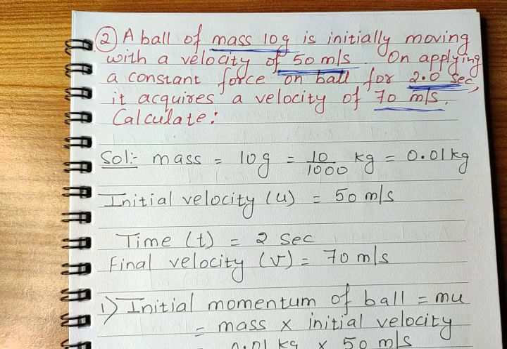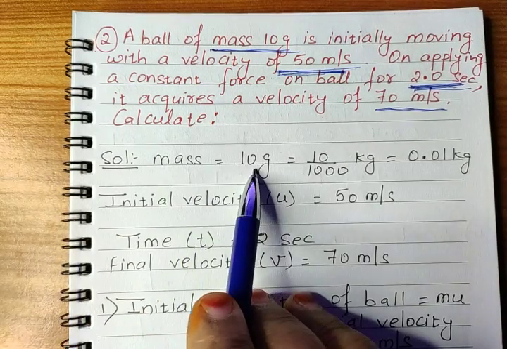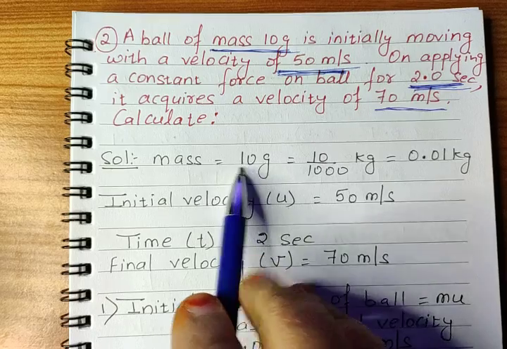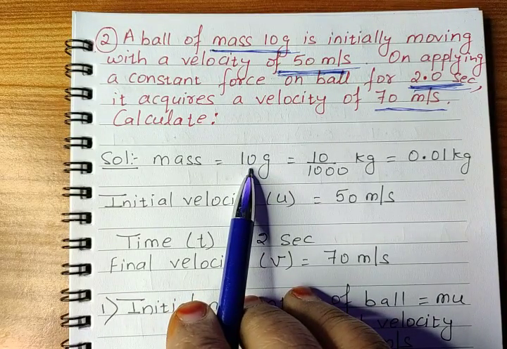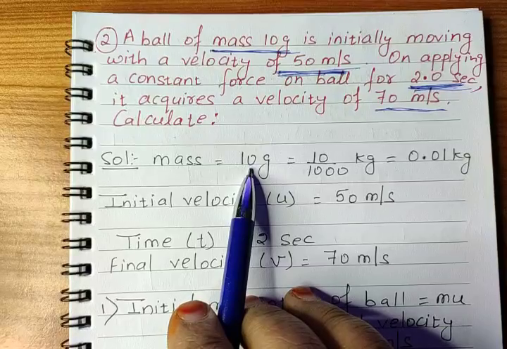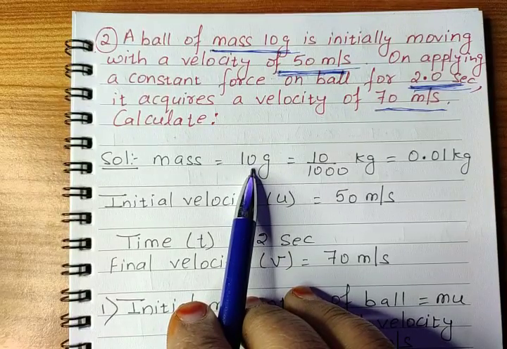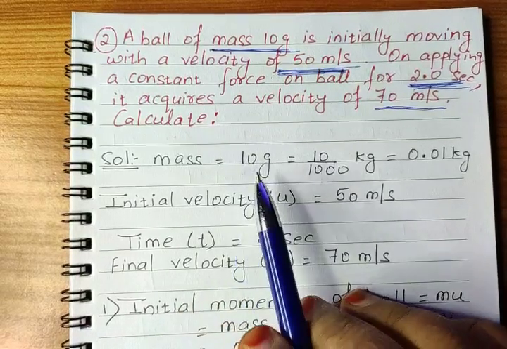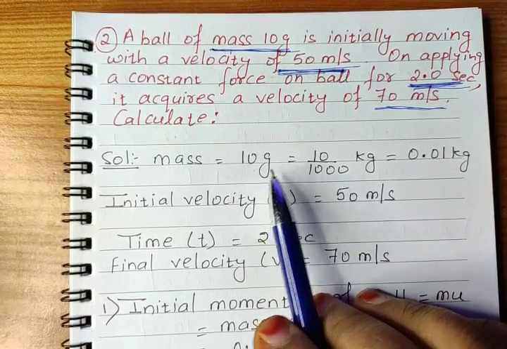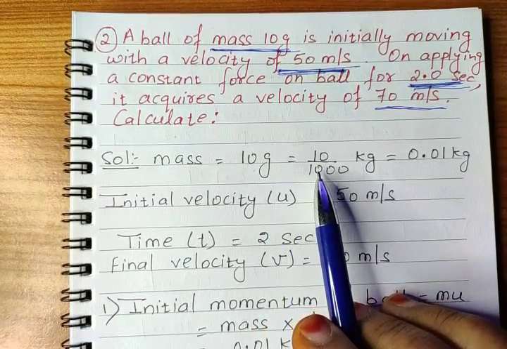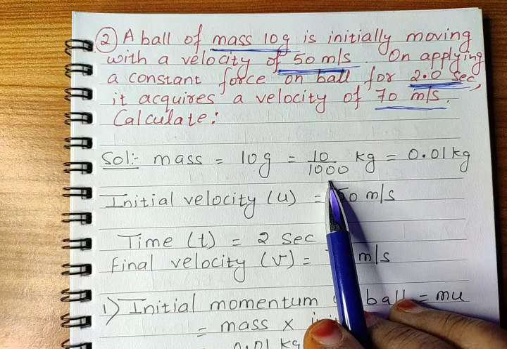So you can see mass is given, 10 grams. What is the mass of the ball? 10 grams. This one is in CGS unit. This one we will convert into SI unit. So what is the SI unit of mass? Kilogram. So we will convert gram to kilogram. How to convert gram to kilogram? Divide by 1000.